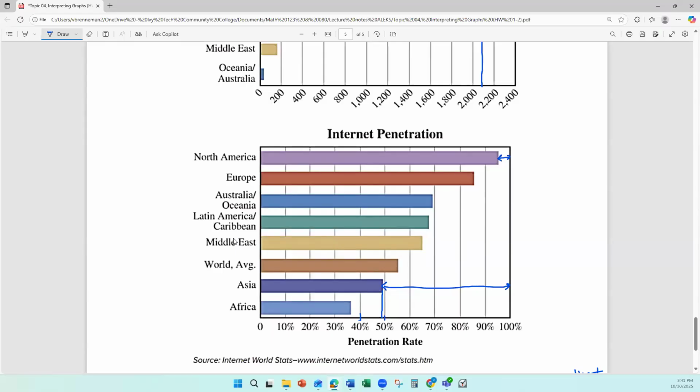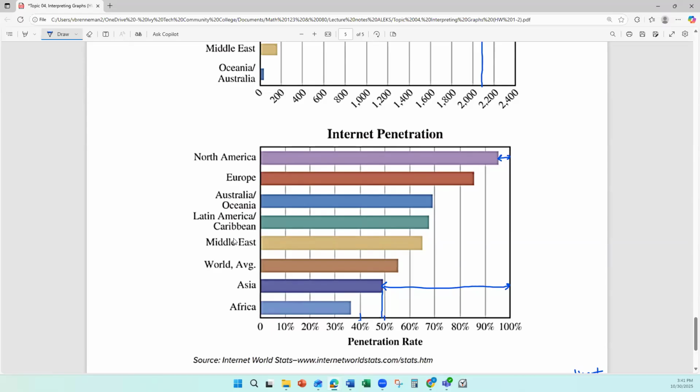But if we're talking about purely how many people, there could be 100 people in North America, and 95 people using the internet, and there could be a trillion people or 10 billion people, whatever. We don't know anything about the relative sizes of those continents to say what this is a percent of.